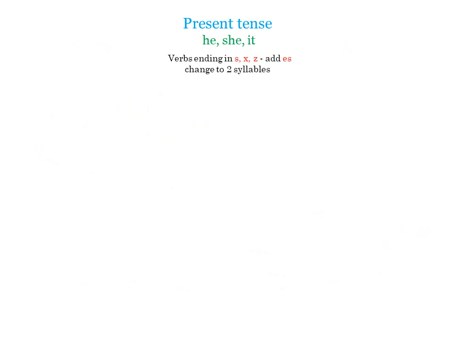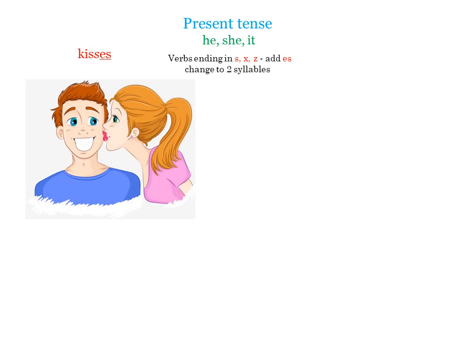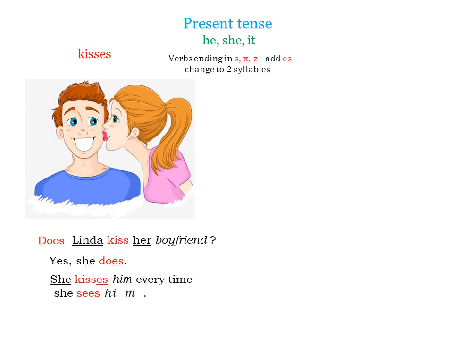For verbs ending in S, X, or Z, you add ES and they change to two syllables. For kiss, you add ES, kisses. Does Linda kiss her boyfriend? Yes, she does. She kisses him every time she sees him.